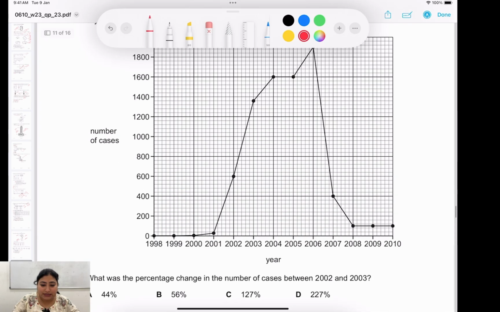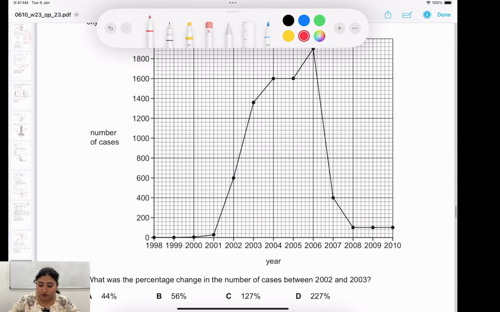Okay, let's see the options here. So we have to calculate between 2002 and 2003. So for 2003 here, for 2002 here. Okay, this is approximately 1360 and this one is 600.